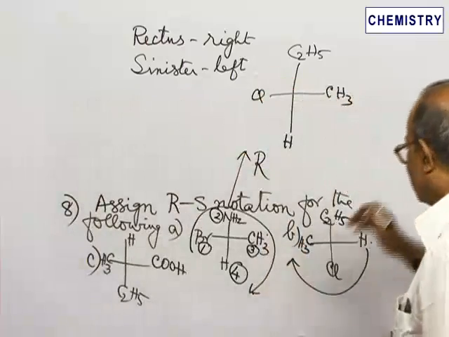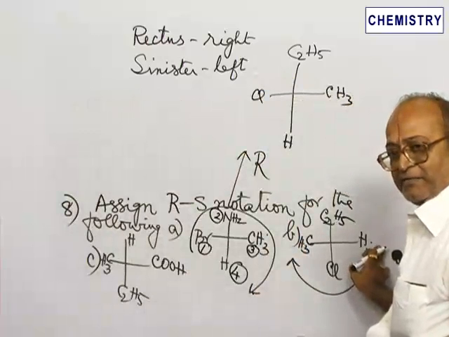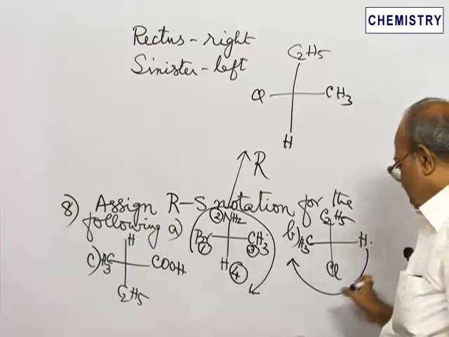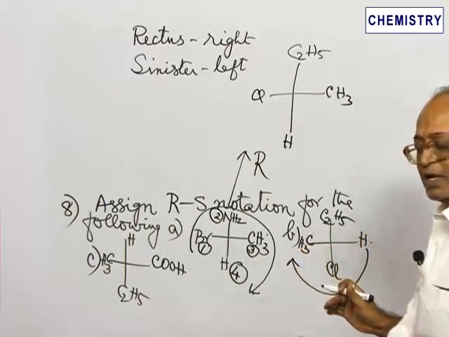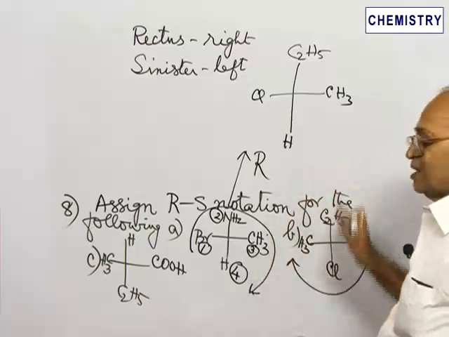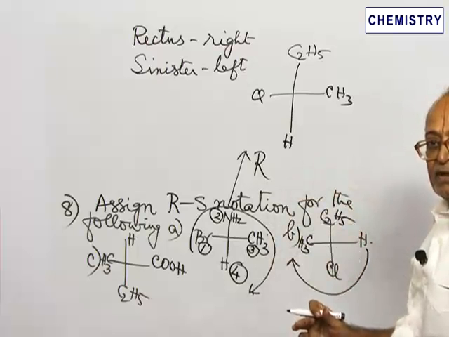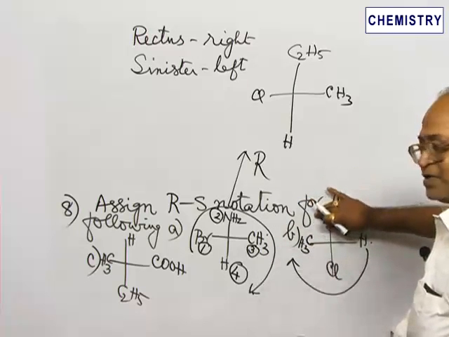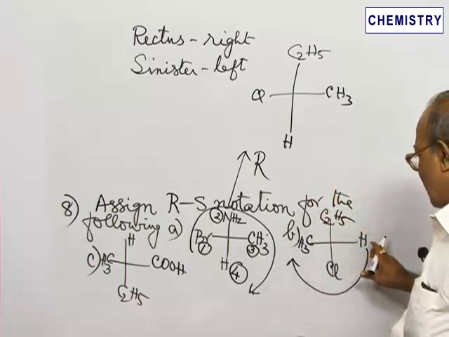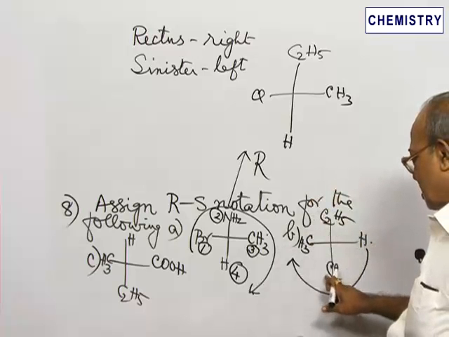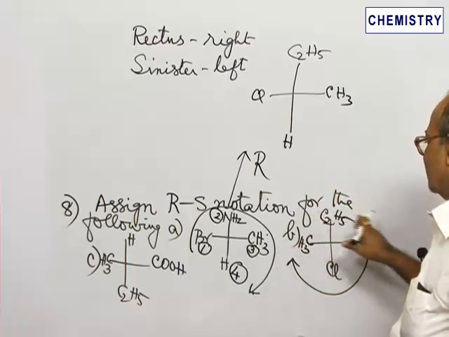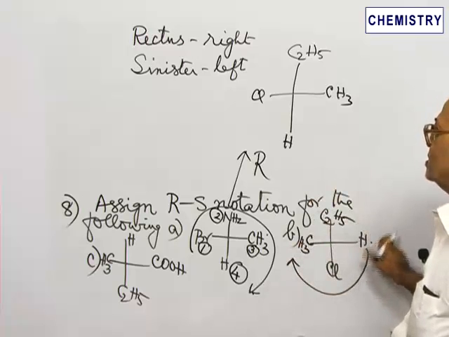If hydrogen is on the right hand side, in order to bring it to the bottom position, you rotate in the clockwise direction, keeping the top substituent fixed. So hydrogen comes to this place, chlorine here, and CH3 will move over to this place.